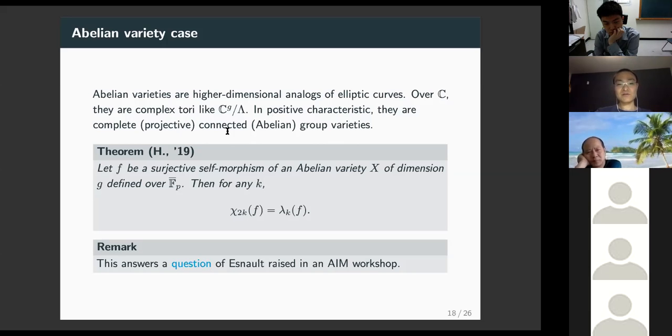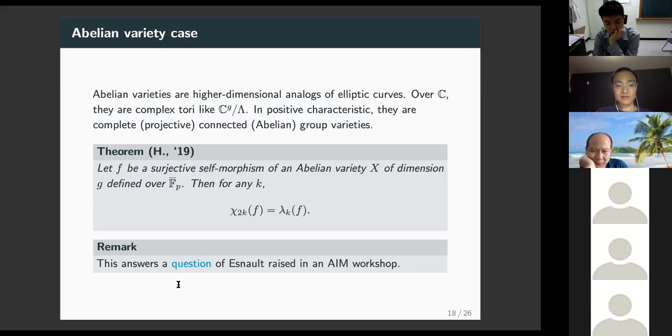In particular, they are projective, and they are abelian group varieties. So we don't need to consider F a rational self map, because for an abelian variety, all rational self maps are actually self-morphisms. So we just need to consider a surjective self-morphism of an abelian variety.